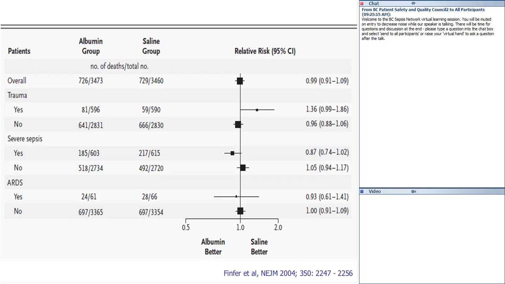What they found overall, for hypovolemic, heterogeneous critically ill patients, was absolutely no effect, no benefit for albumin over crystalloid fluid.